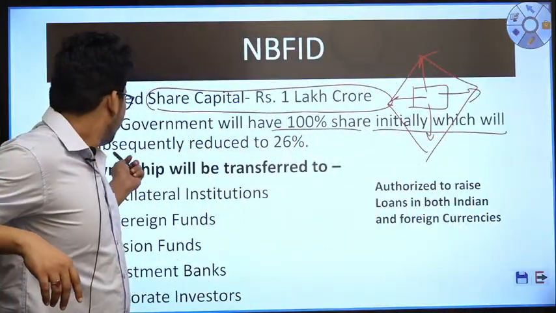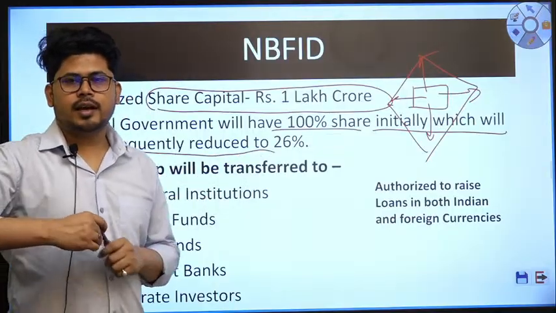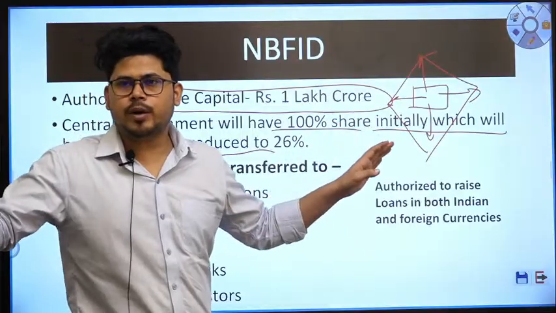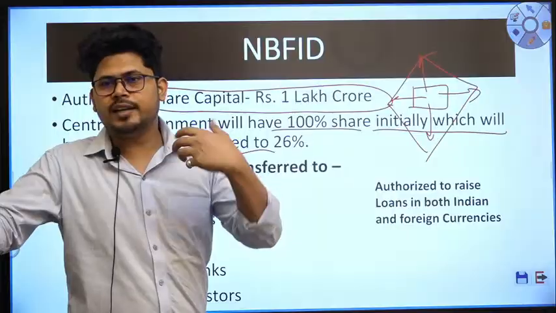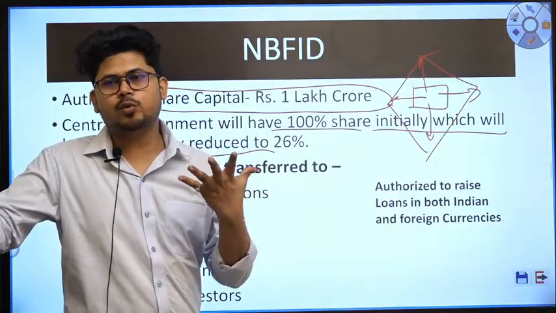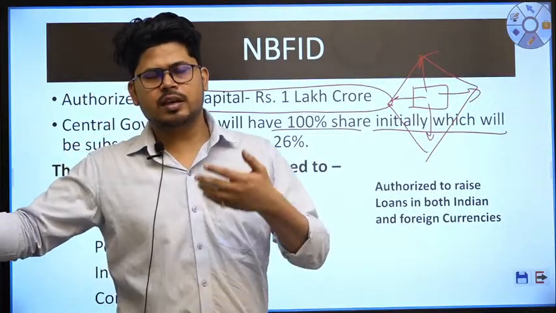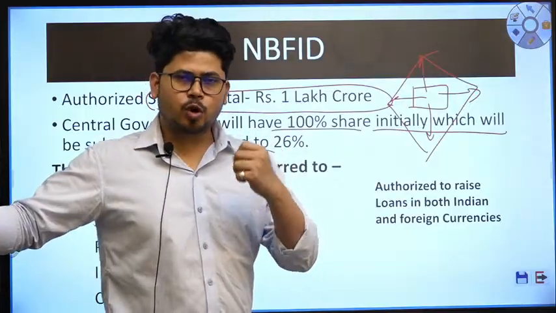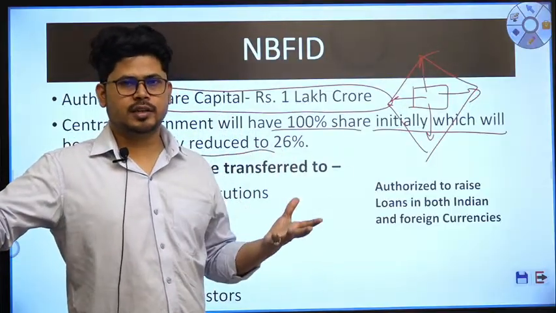Okay, and it will be reduced subsequently to 26%. ठीक है, गवर्नमेंट का शेयर होल्डिंग बाद में 26% तक रिड्यूस कर दिया जाएगा. बाकी multilateral institutions, इसकी शेयर होल्डिंग will be given to other people, for example multilateral institutions, pension funds, LIC, corporates. Okay, तो इन सारे लोगों को इसकी शेयर होल्डिंग बांट दी जाएगी.